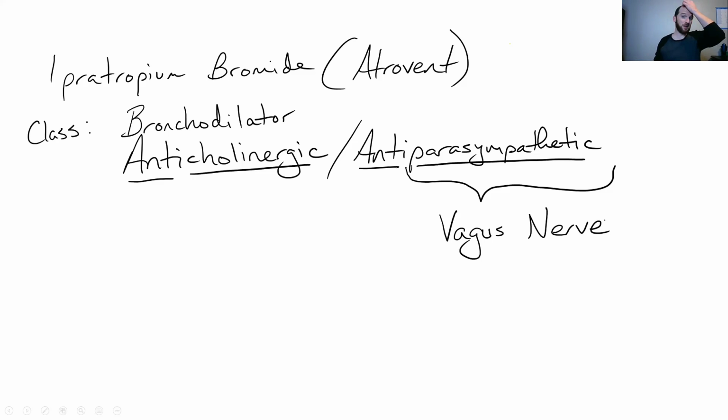So the mechanism is actually blocking, inhibiting a lot of the vagal mediated responses, a lot of the things that the vagus nerve triggers and does inside the body. That's a very big component of the parasympathetic nervous system. So saying it's an anti is saying it's an anti-vagus nerve, working against the things that the vagus nerve wants to do.